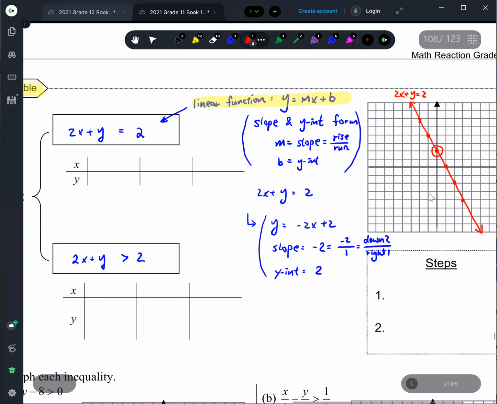Very good. You get it from this point. From the slope y-intercept form, we can get 1 point, and then from that point, you build on that point to get all other points. Everyone copied it down? Can you raise your hands?